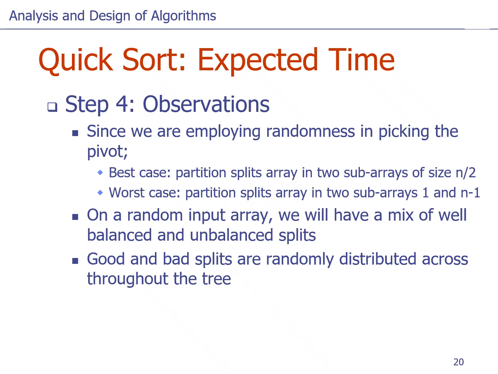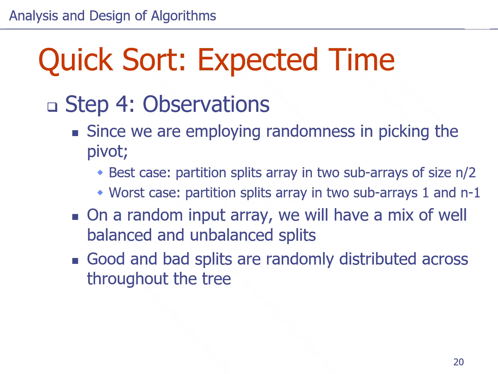So now we have 2 really bad cases. Rolling a dice or generating a random number makes you pick the pivot as the smallest value or the largest value. In both cases, you're really in bad shape. And we have an ideal case where you pick the value that will split the array into 2 equal halves.